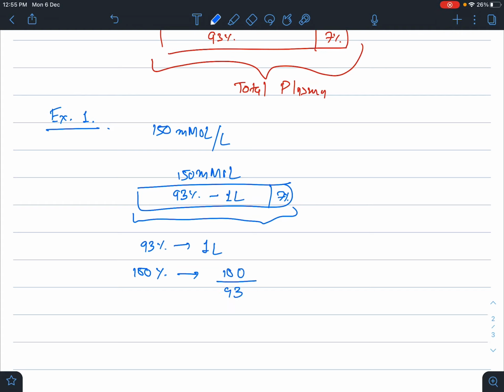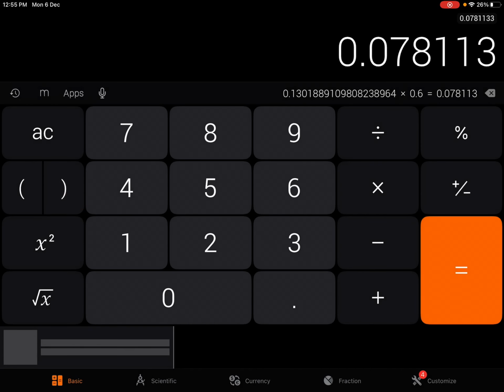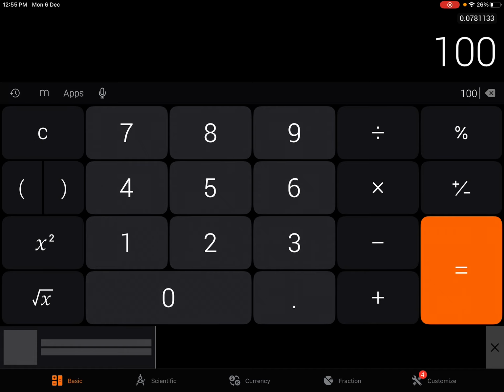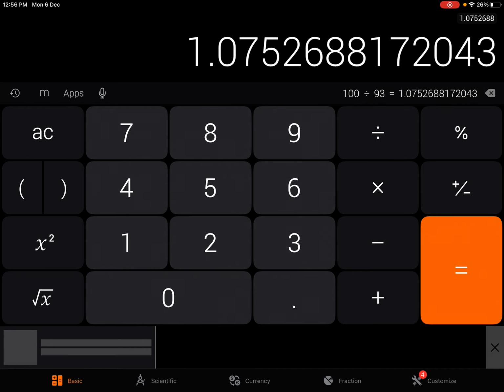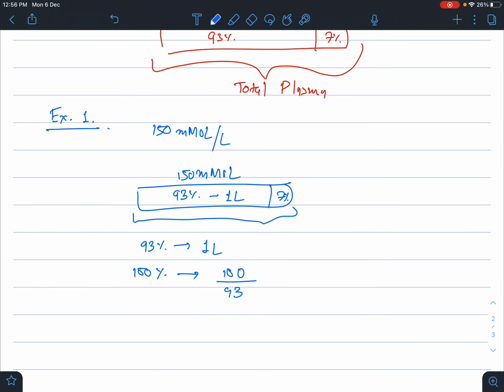If we calculate 100 upon 93, it comes down to 1.075. So basically the total amount will be 1.075 liter of plasma.